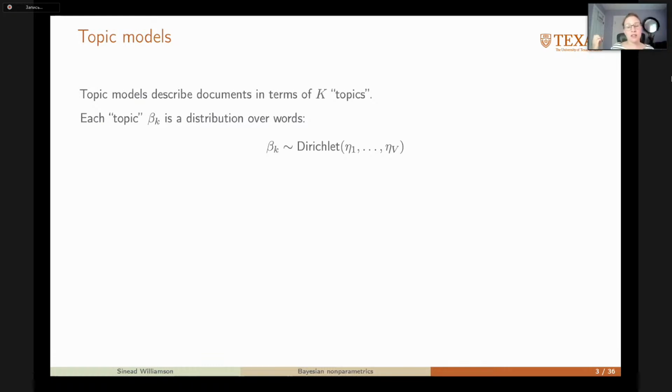In this context, a topic is just a distribution over words. So we might have a topic that puts high probability on the words football and basketball, and that would semantically be a topic about sport. And as a distribution over words, we're going to put a Dirichlet distribution on it. That's our standard distribution for when we want a vector of probabilities.